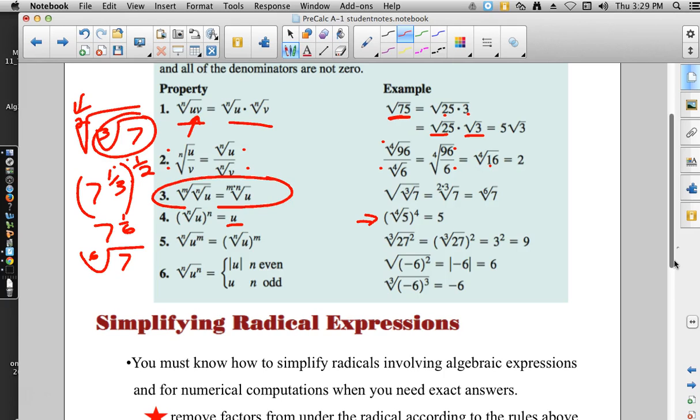Number 5 says, hey, split this apart if you have to. If you've got the nth root of u to the m, but this is a nice number for this index, figure out what that is first and then raise it to that power. So as we look at the cubed root of 27 squared, we do not want to square 27 right away.